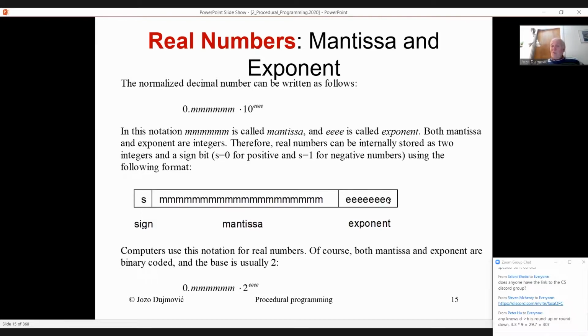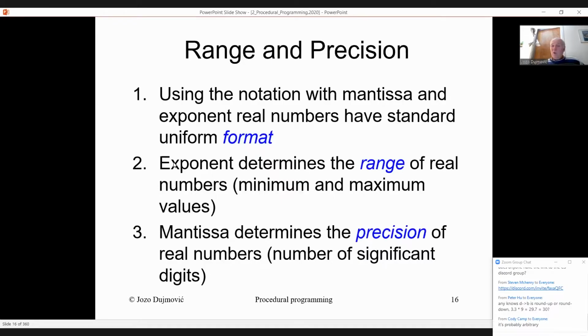And E is the exponent, and it determines the largest value that you are going to have in the area of real numbers. So the exponent determines the range of real numbers, that means minimum and maximum values, and the Mantissa determines the precision of real numbers, that means how many significant decimal digits you have in the number. So very frequently you will see in literature and on the computer screen huge decimal numbers.